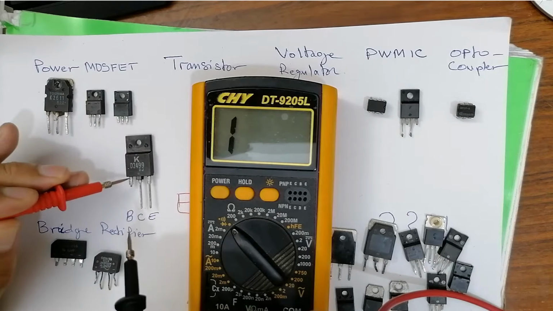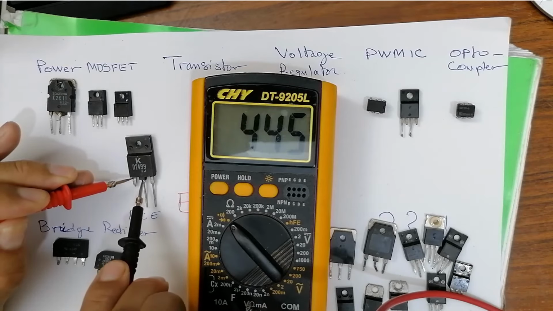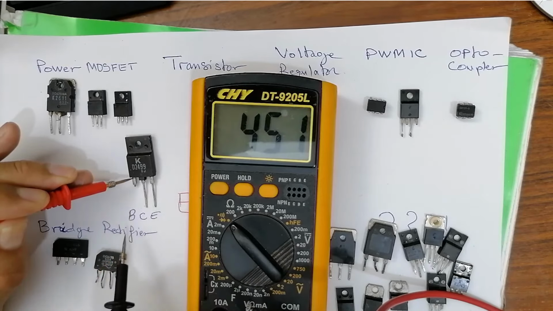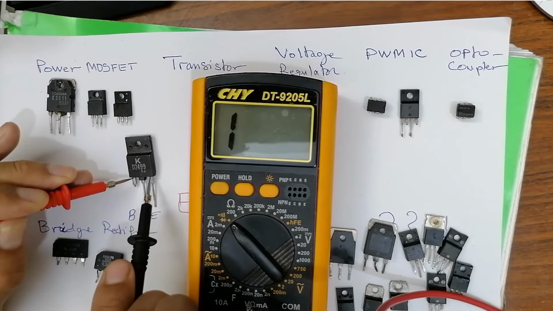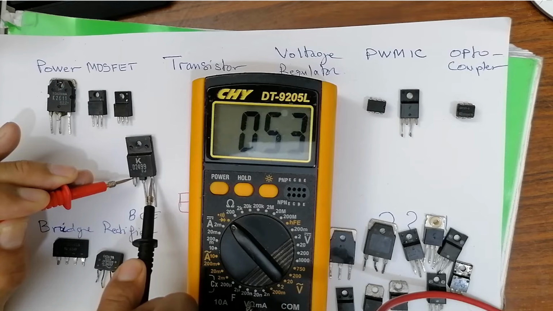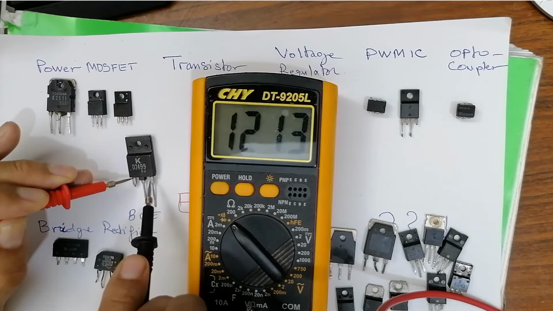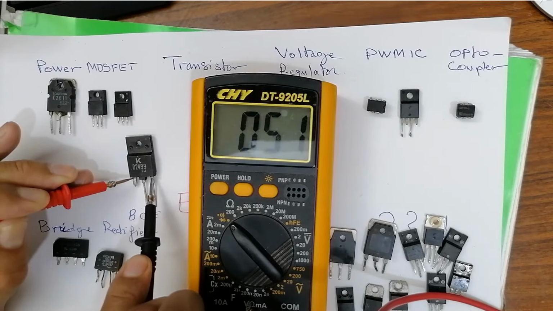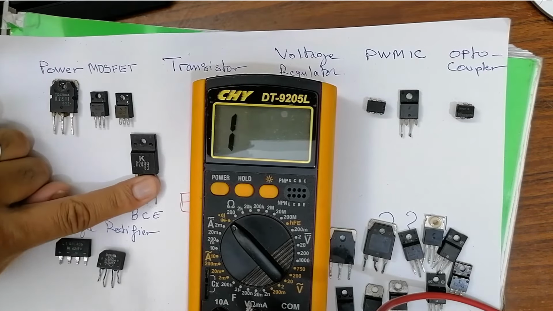Let's put the red probe here. We get a reading between base and collector. Let's check between base and emitter. We get a buzzer, a low resistance. Here we get a reading. Here we get a low resistance. Let's discharge it again.